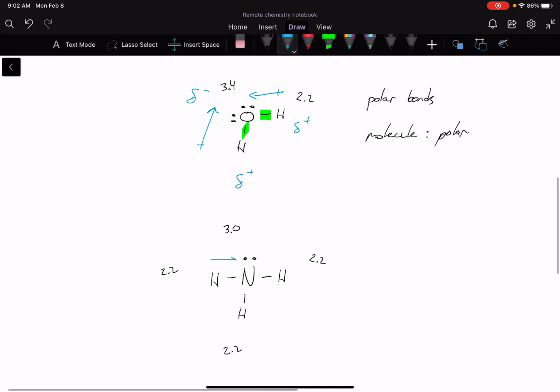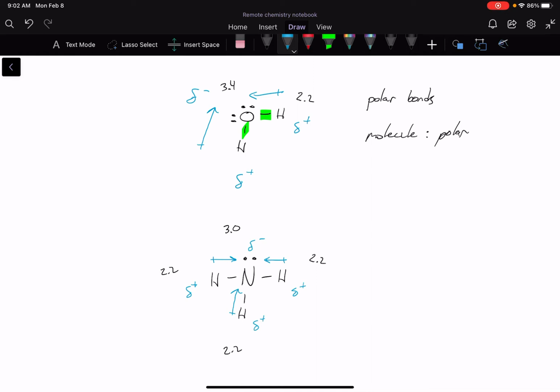So I'm going to draw arrows indicating the pull of electrons within this molecule. And they're all going to be pulled towards that nitrogen atom. And so my nitrogen is going to have a partial negative charge, whereas my hydrogens are going to have partial positive charges.